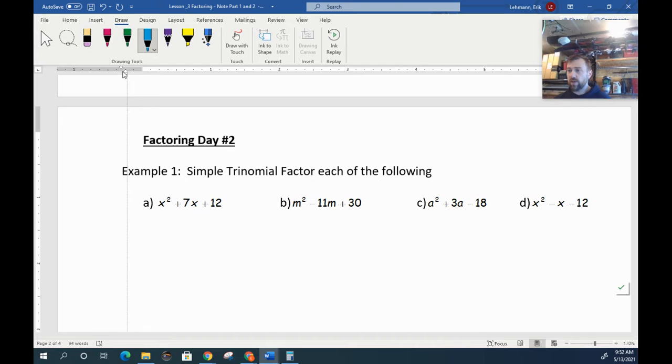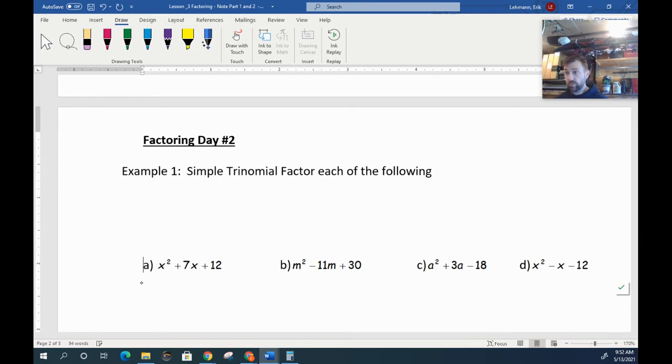The pattern that we have right here, let's see, I'll write this down. We're looking for 3 terms. Remember, terms are separated by plus or minus signs, and they're generally in the form x squared plus bx plus c.